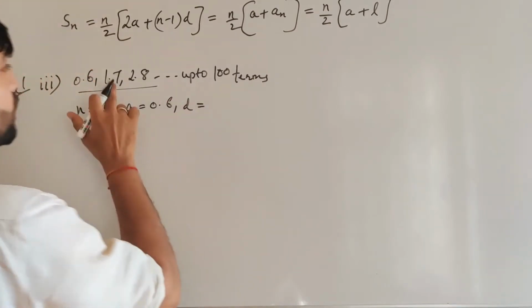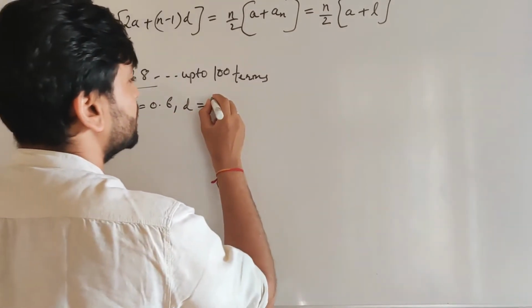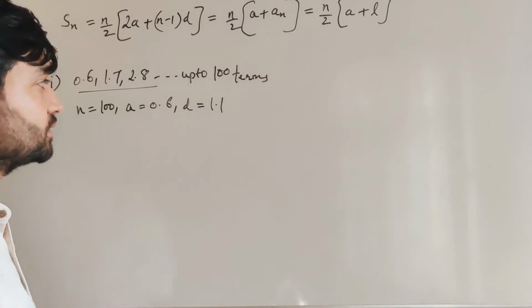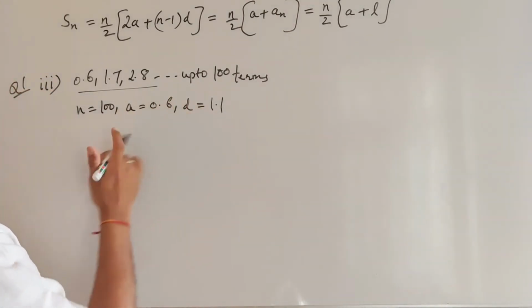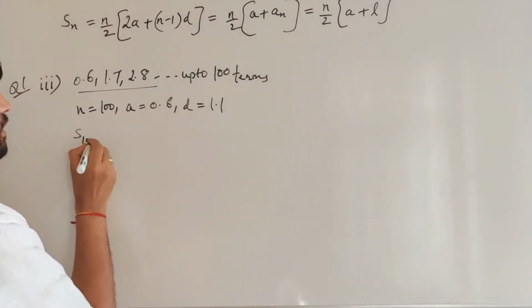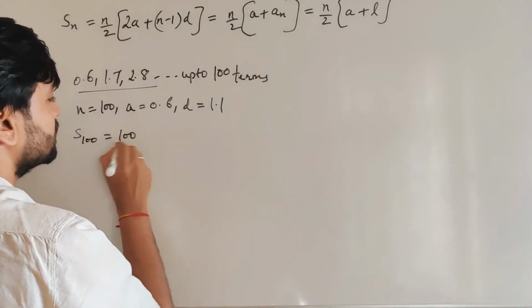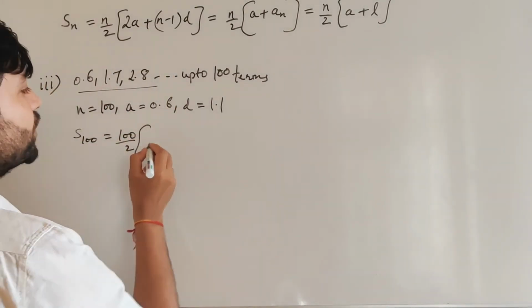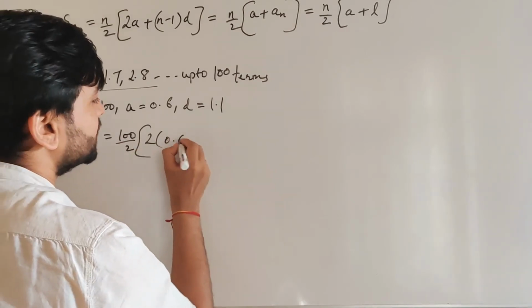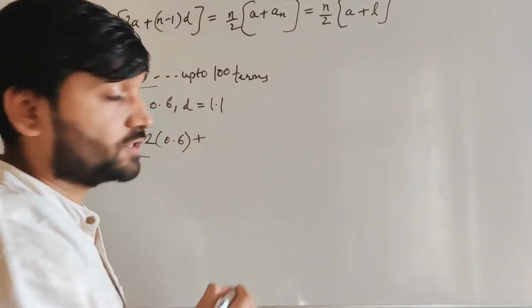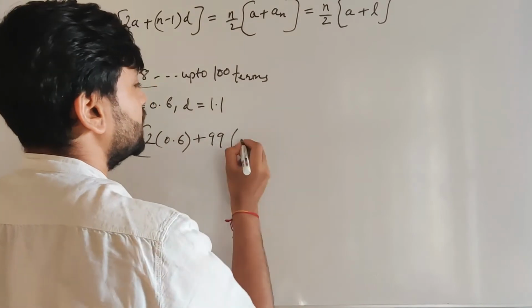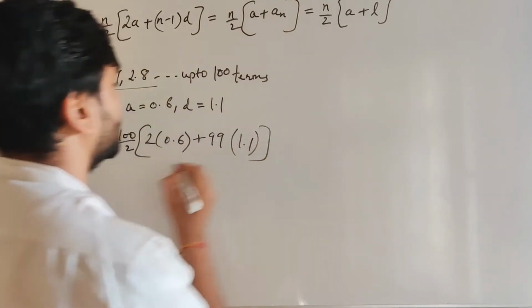The common difference is 1.7 minus 0.6, which is 1.1. You are supposed to find S100. Using the formula, n is 100, so 100 by 2, into 2a, so 2 into 0.6, plus 100 minus 1, which is 99, into the common difference 1.1.